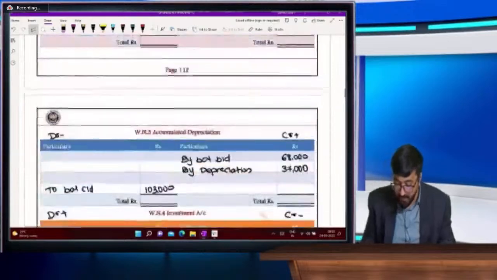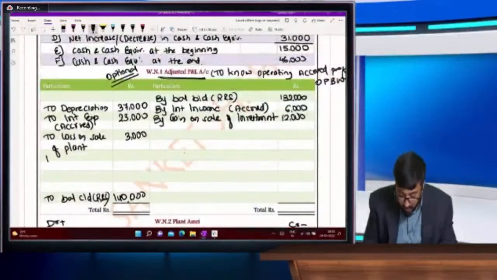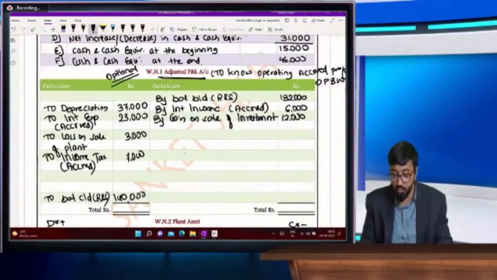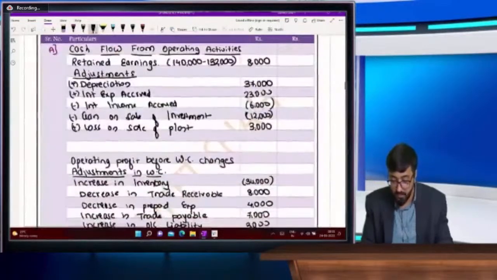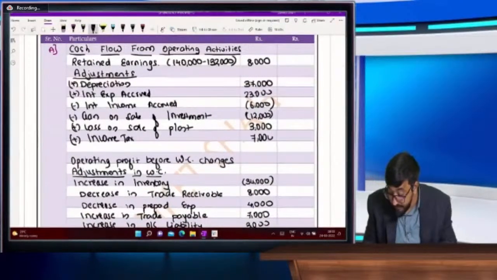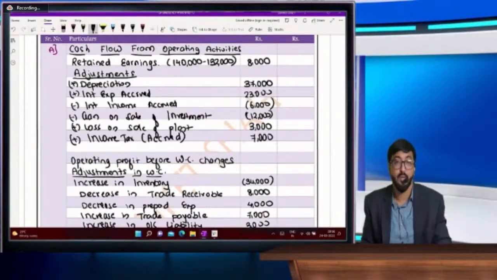And adjusted P&L debit side to income tax 7,000. And this is accrued one. And where to give second effect? Second effect here, add income tax 7,000 and this is accrued. Paid will be separate. Adjustment is always for accrued.